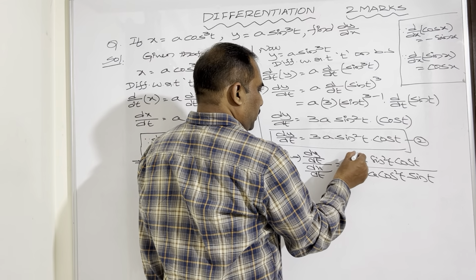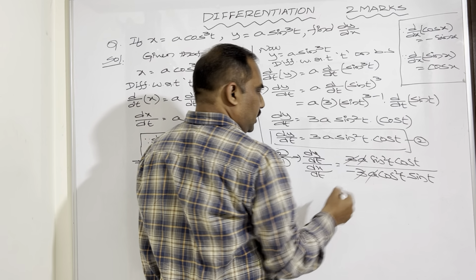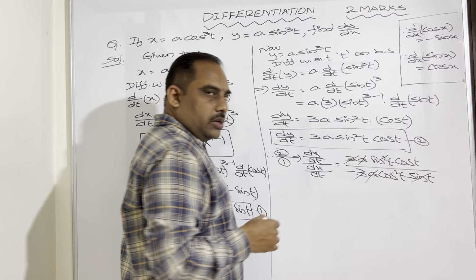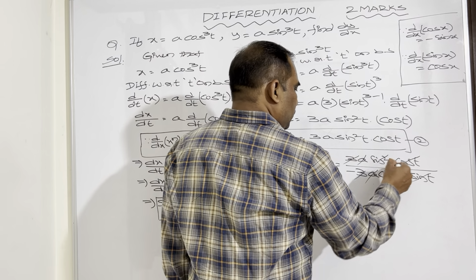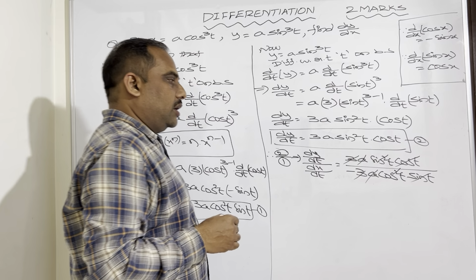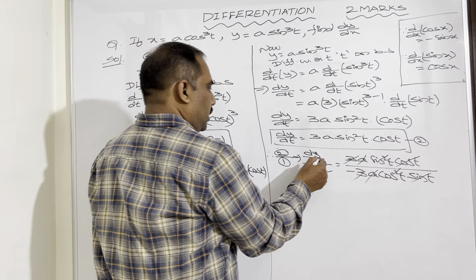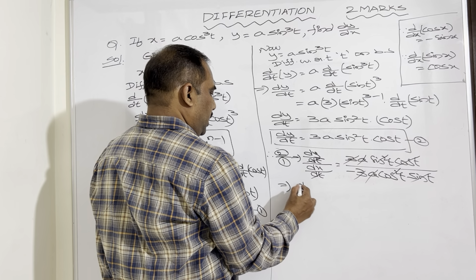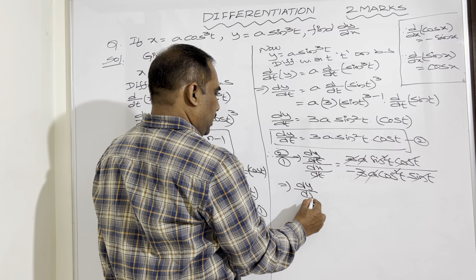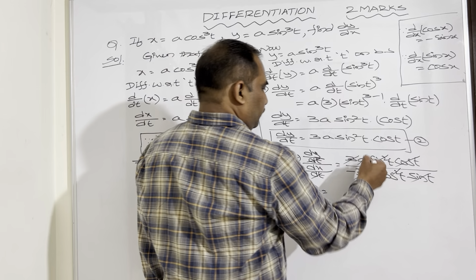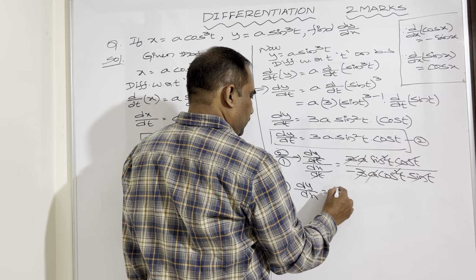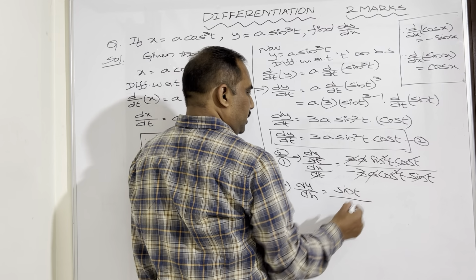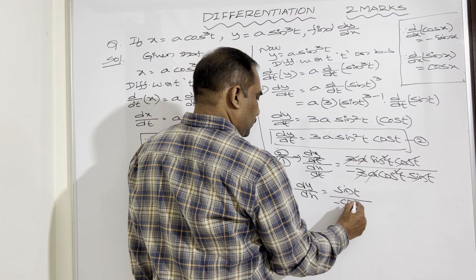Now here 3 gets cancelled and a also gets cancelled, one sin t also gets cancelled, and cos t also gets cancelled in the numerator and denominator. Now here dt also gets cancelled. Finally we get dy by dx is equal to what is left over in the numerator, that is sin t, by what is left over in the denominator, minus cos t.